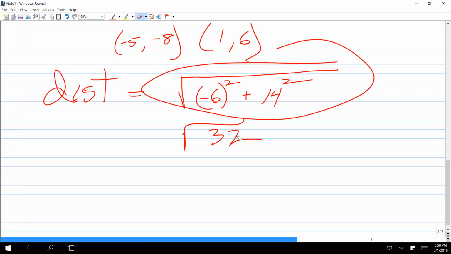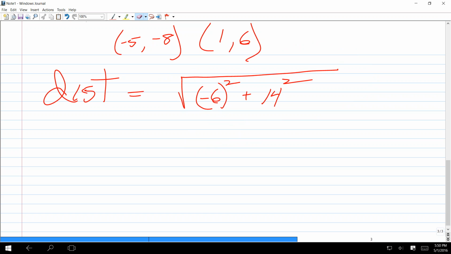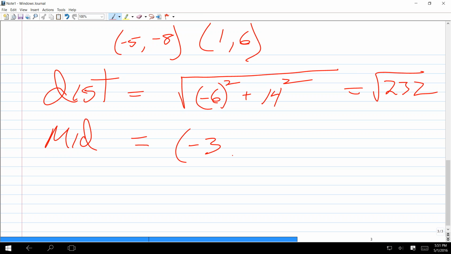We'll focus on our distance and midpoint. What's the midpoint between these 2 points? So it would be -3 for the x value and -7 for the y value.